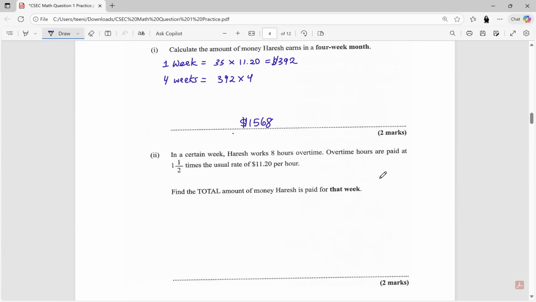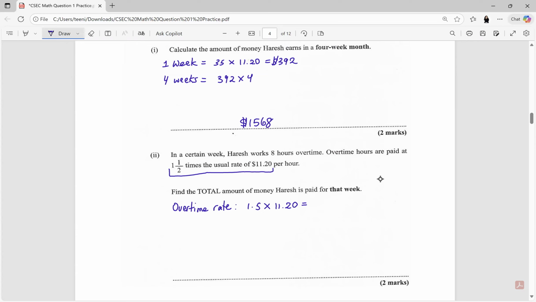What would be the overtime rate? The actual overtime rate. You all know how to calculate that? It's literally 1.5 times the usual rate. So 1.5 multiplied by 11.20. That's how you calculate the overtime rate.